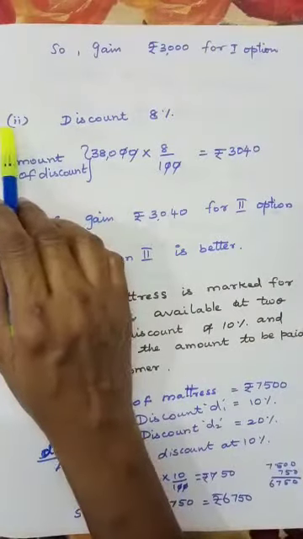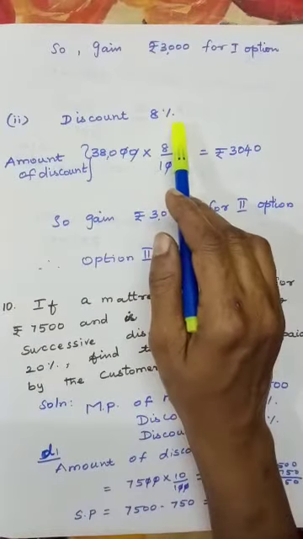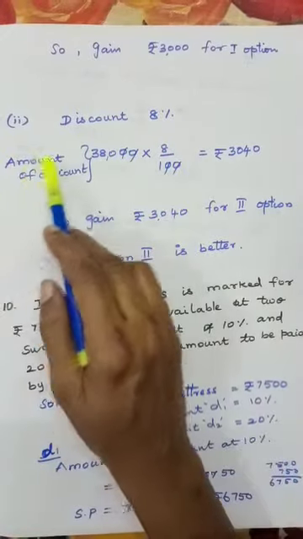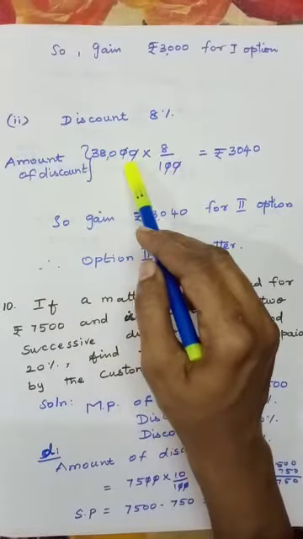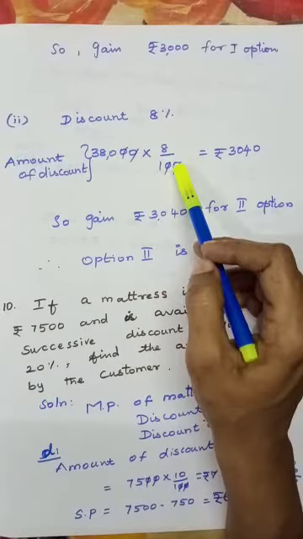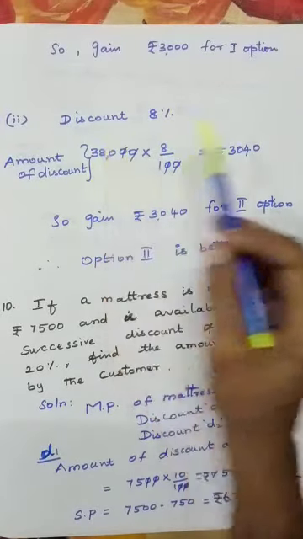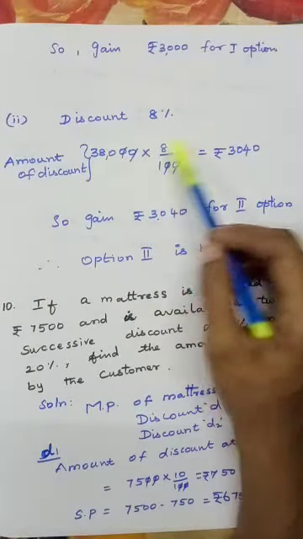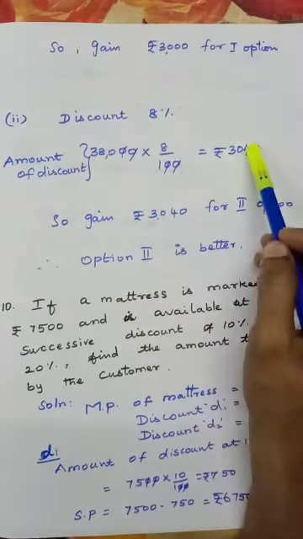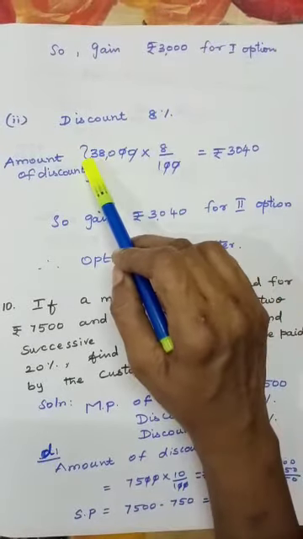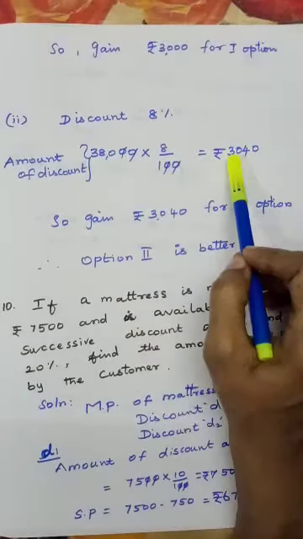And we shall see the second option. Discount 8% discount they will give. Amount of discount is 38,000, 8 by 100. And 2 zeros get cancelled. You multiply 8 and 380. 8 zeros are 0. 8 8s are 64. Remainder 6. Okay. 8 3s are 24 plus 6 is 30.